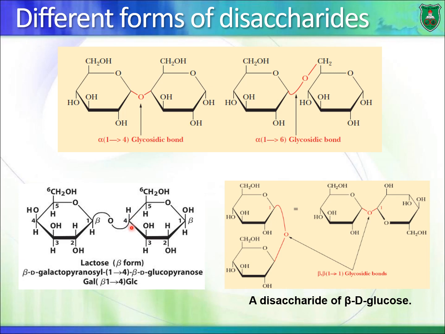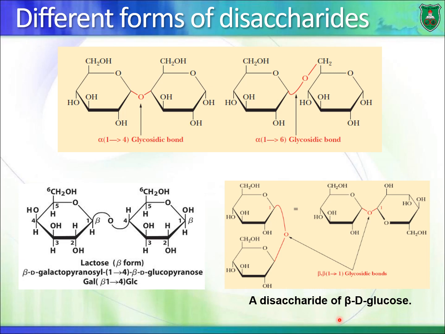How about the glycosidic bond? It's 1 to 4. But notice that the galactose molecule right here is in the beta orientation because the hydroxyl group is shown going upward. So the glycosidic bond is beta 1,4.